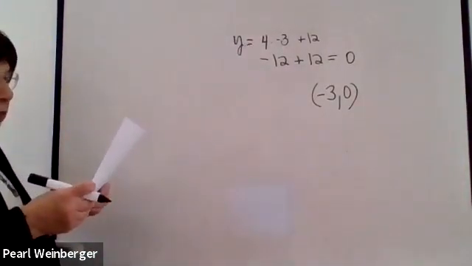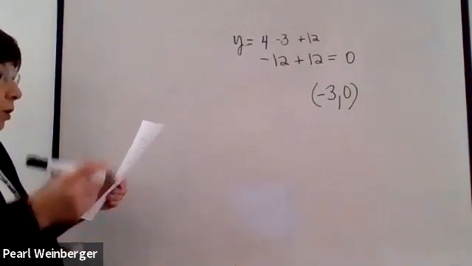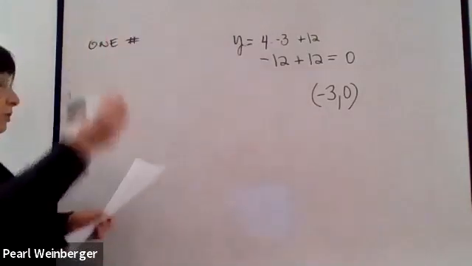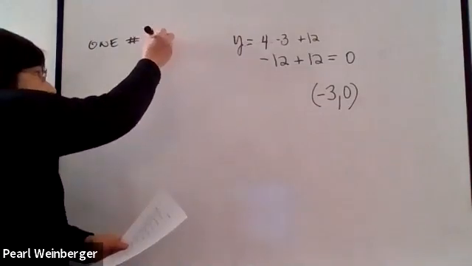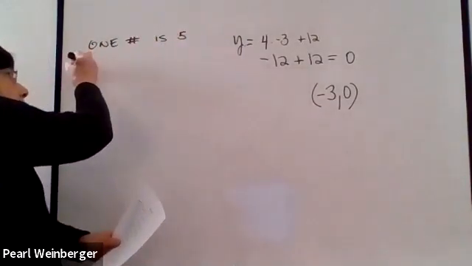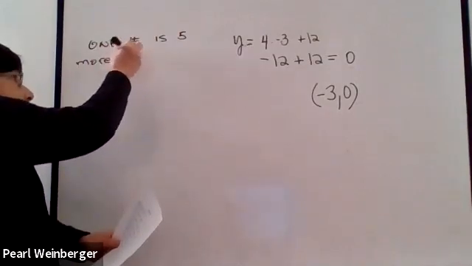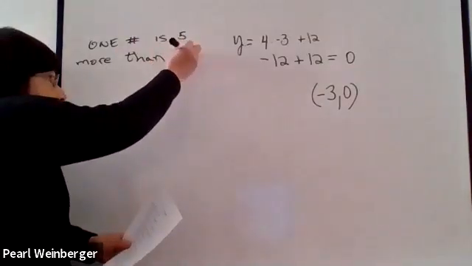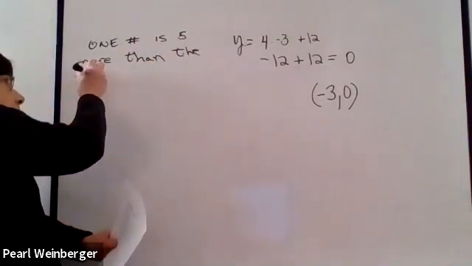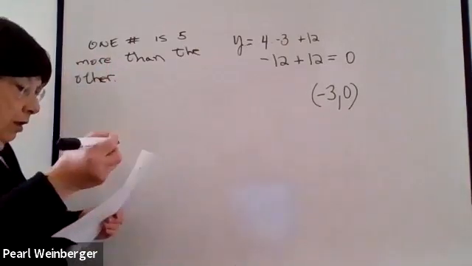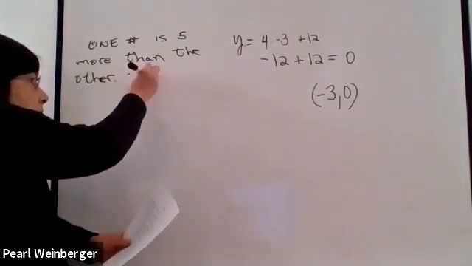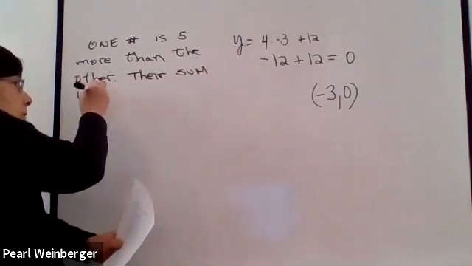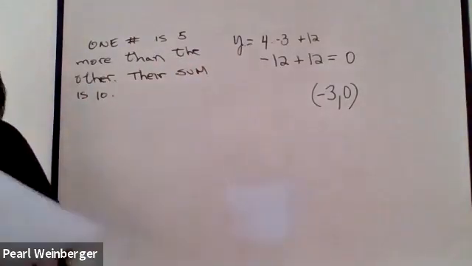So this is question number 7 on that practice sheet. One number, using the symbol for number, is 5 more than the other. Their sum is 10. And the question is to find the numbers.